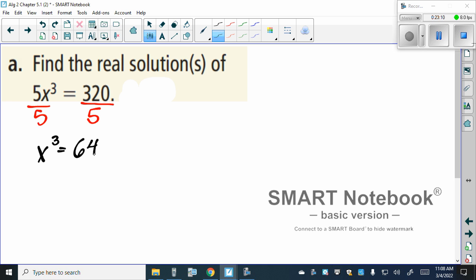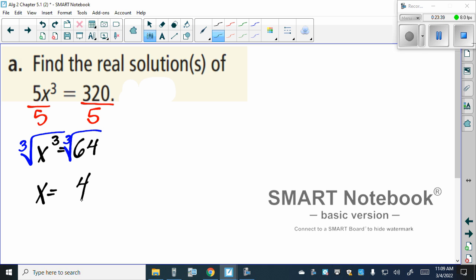Well, what are we going to need to do next? Cube root it. What's the cube root of 64? 4, okay? And again, if this was the ACT, I would have looked at the answer, found 4, and moved on. But here, it's definitely good to write out our steps. Because we can cube root both sides, which tells me x is equal to 4, because the cube root of 64 would be 4.